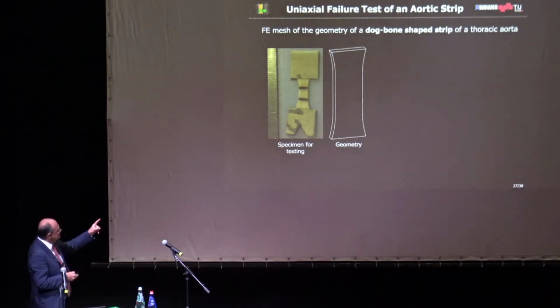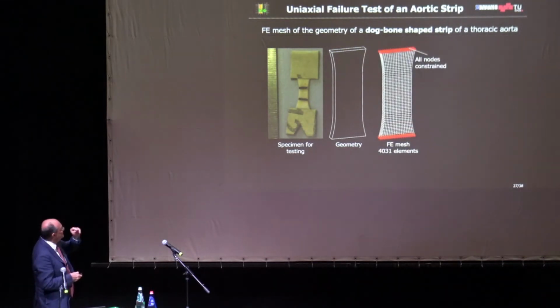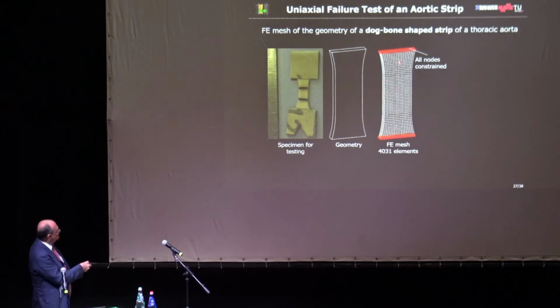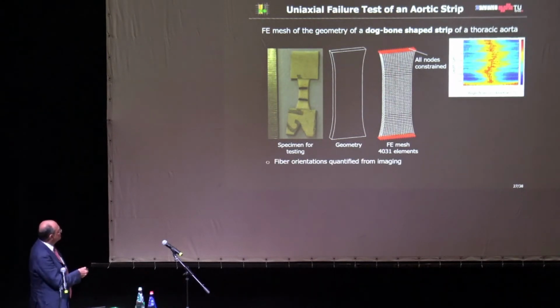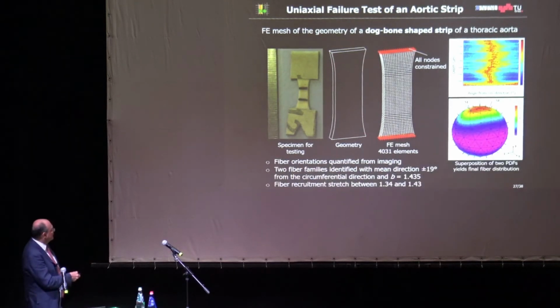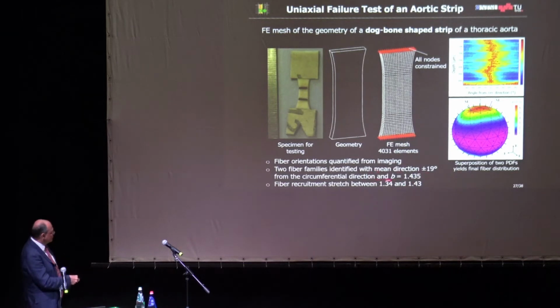And you see here, this is another example. We did an experiment here also on the thoracic aorta. This is the finite element discretization. Then we also extracted the fiber dispersion. They were quantified, and we identified plus minus 19 degrees as a mean fiber direction, and also a dispersion parameter where B is a concentration parameter.